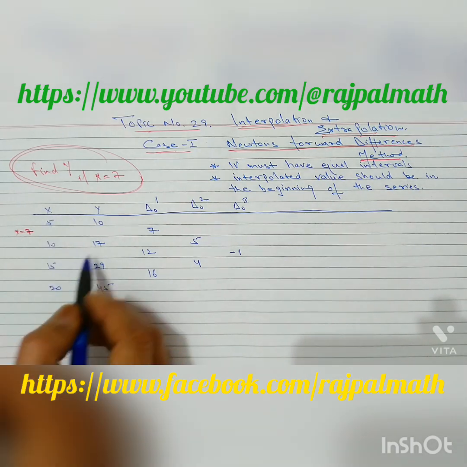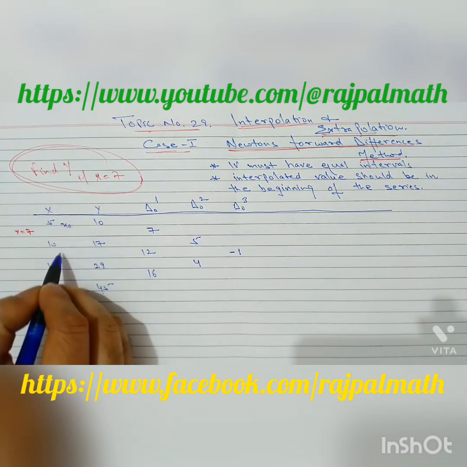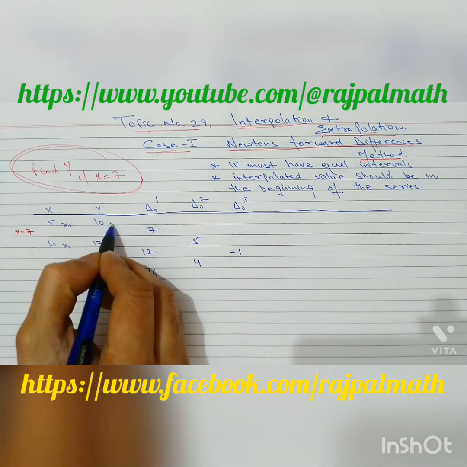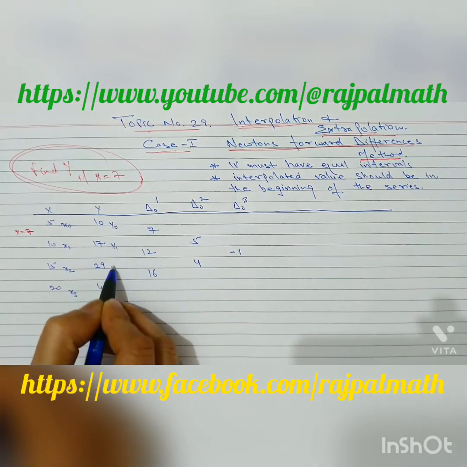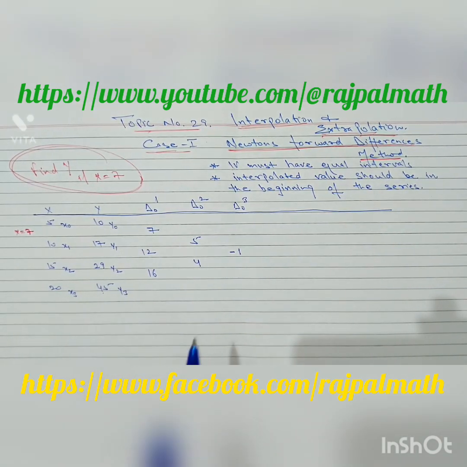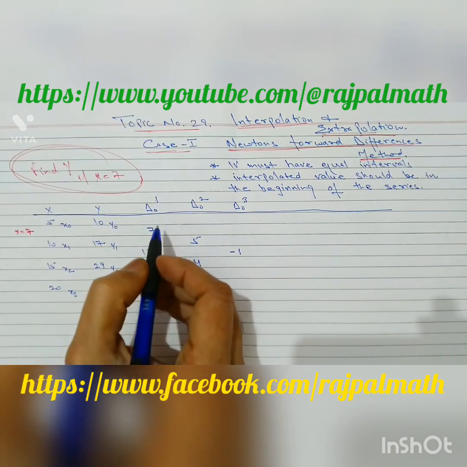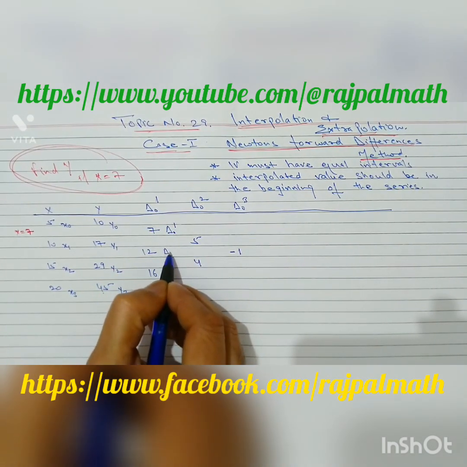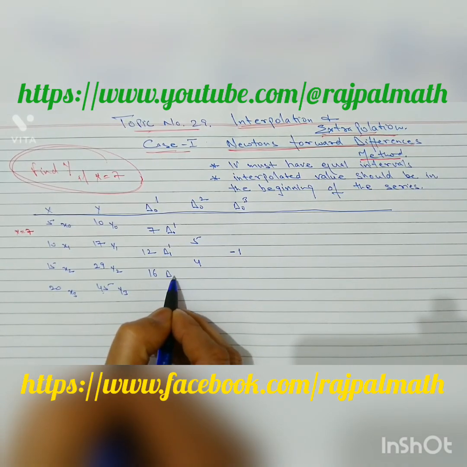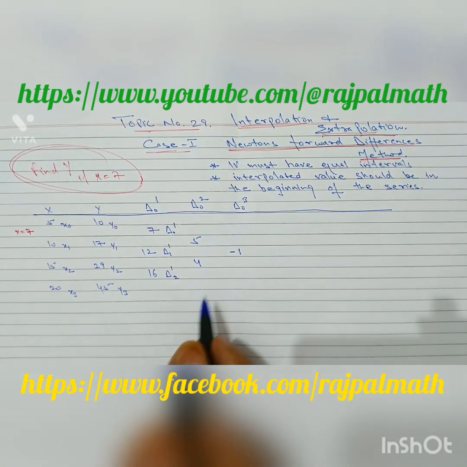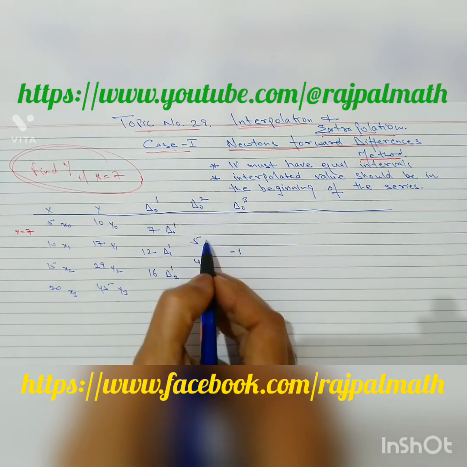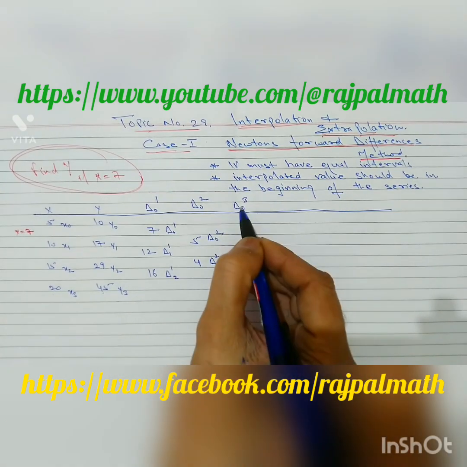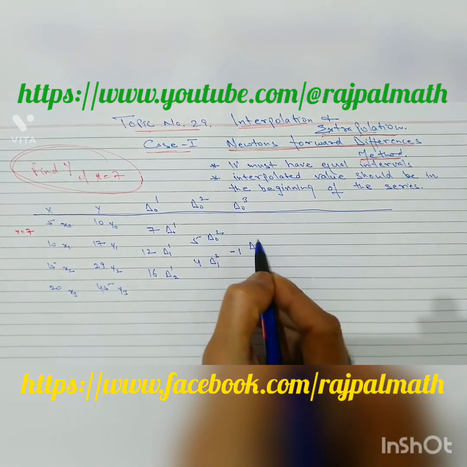Now naming the x series and y series: x0, x1, x2, x3, y0, y1, y2, y3. Here delta naught 1 starts, then delta 1 1, delta 2 1, then delta naught 2, delta 1 2 and delta naught 3.